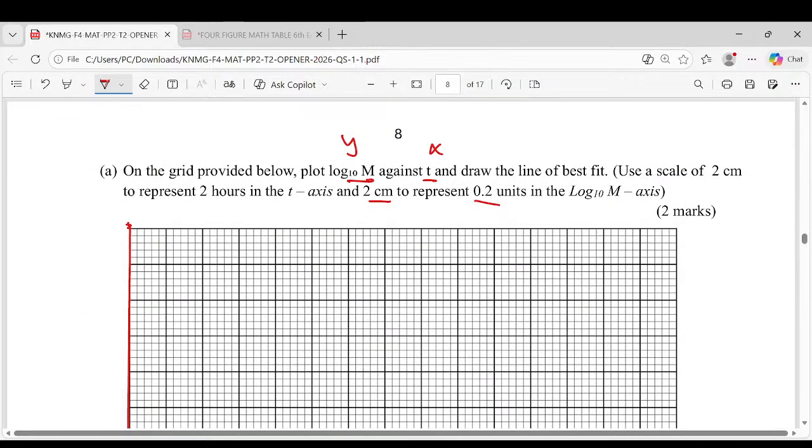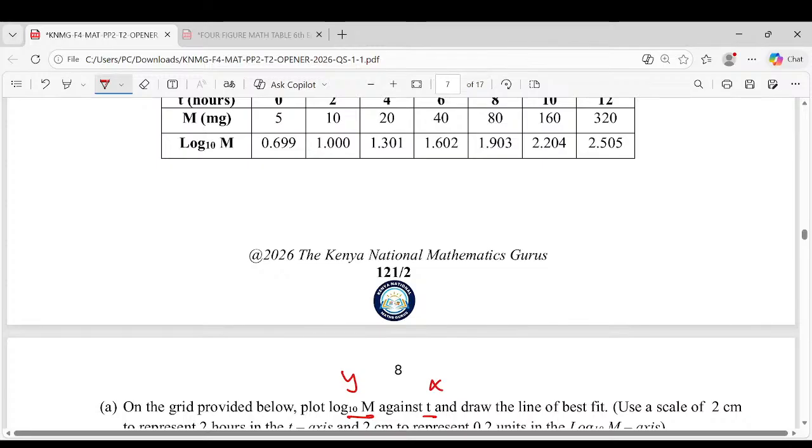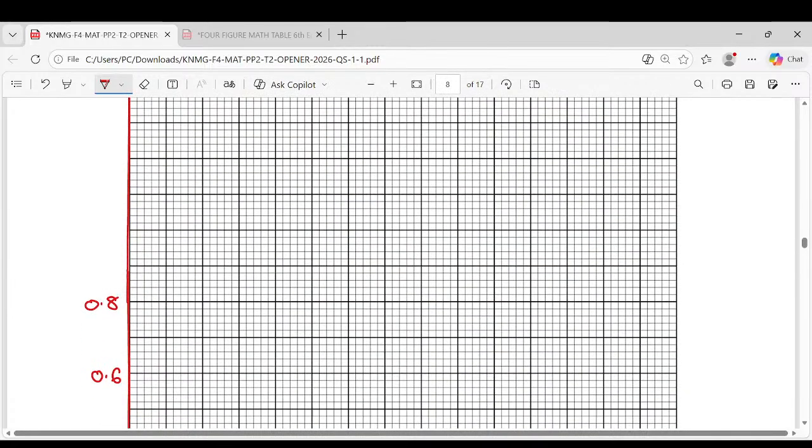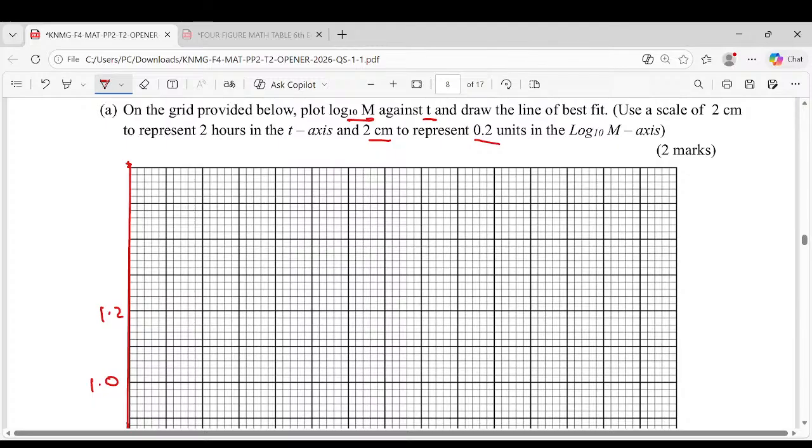Remember, log m goes all the way to, okay, yeah, I can see 0.8. This is 1.0, 1.2. We can have here maybe 1.4, and this is log to base 10 of m.